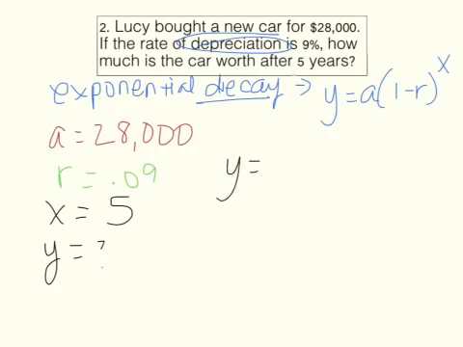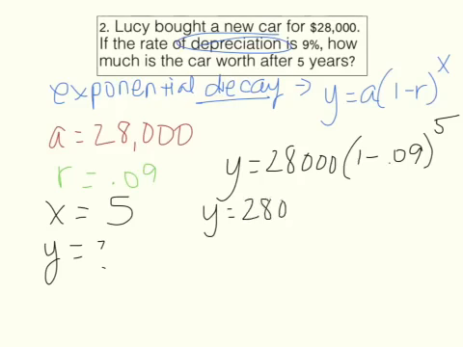So we can plug in all our values: 28,000, 1 minus my rate, to the power of 5. All of this I can simplify, 1 minus 0.09, and I have y equals 28,000 times 0.91 to the power of 5. And since I'm not missing any variables here, I can plug this straight into my calculator.